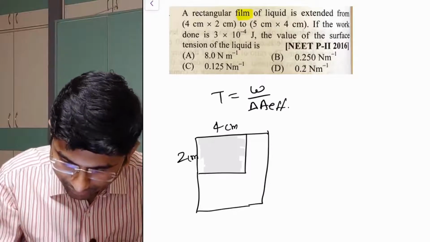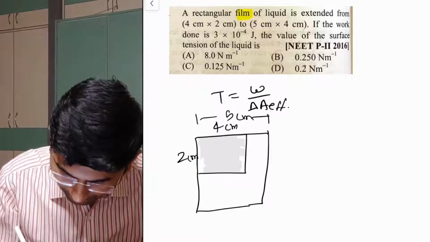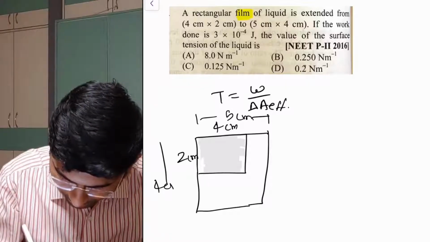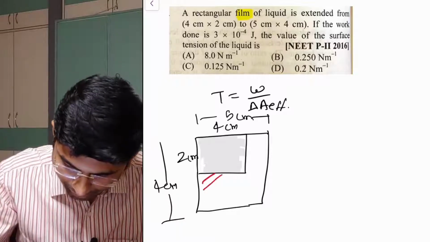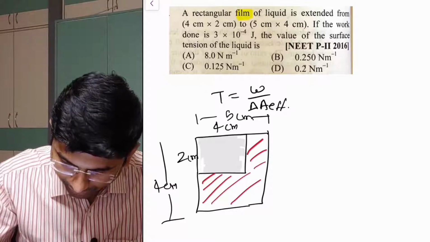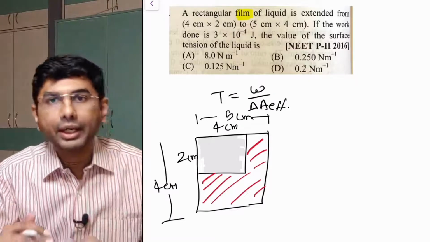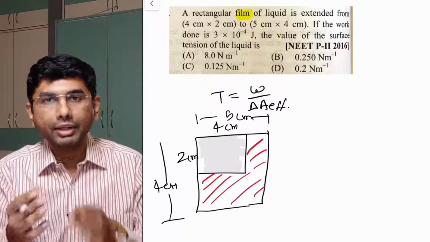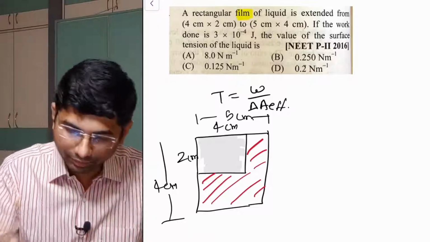It's not up to the scale. Now this side becomes 5 cm and this side becomes now 4 cm. Now we need to find out how much is the increase in area, the effective increase in area. Now this area I need to double it, because I need to consider areas from both the surfaces, the above surface and the below surface, because it's a film.